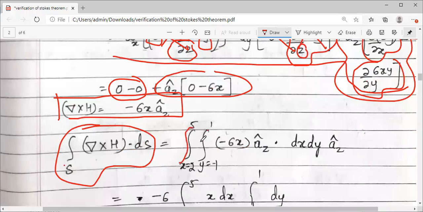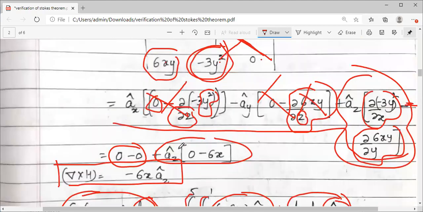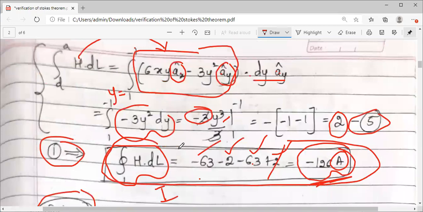So I am taking two integrations. Del cross H, I have got this. Del cross H into, yes, what I have to consider is this dS. Obviously, for the dot product to exist, you should consider the az direction because it is given in the question.